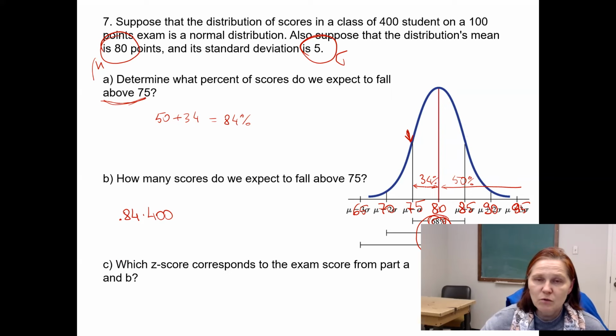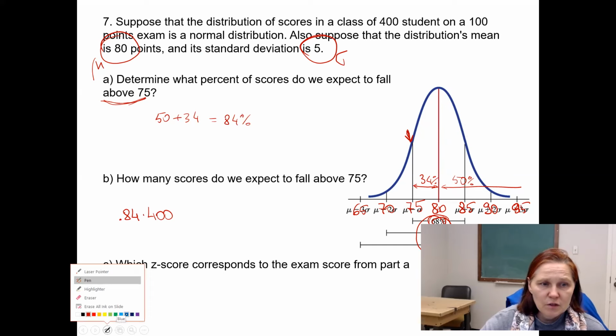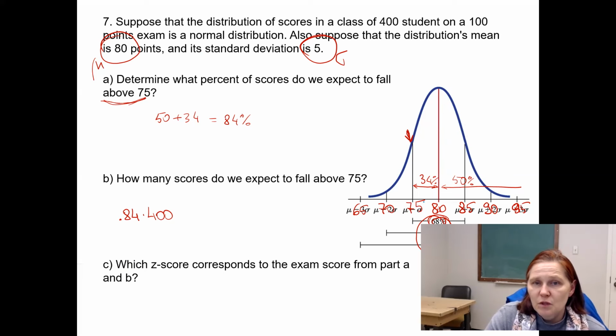The z-score is the number of standard deviations from the mean. We know that 75 is one standard deviation from the mean, and it is to the left, so z is negative. Z equals -1.